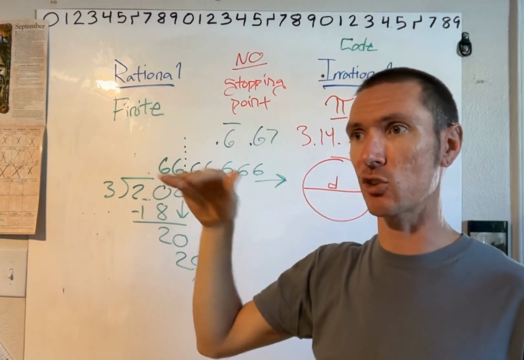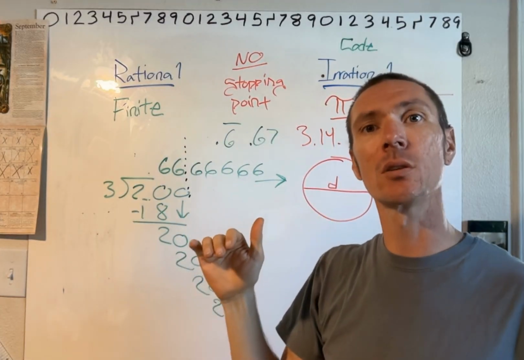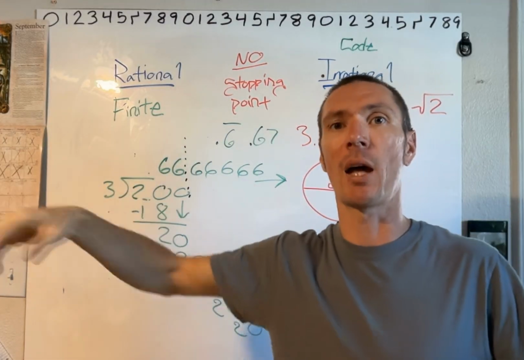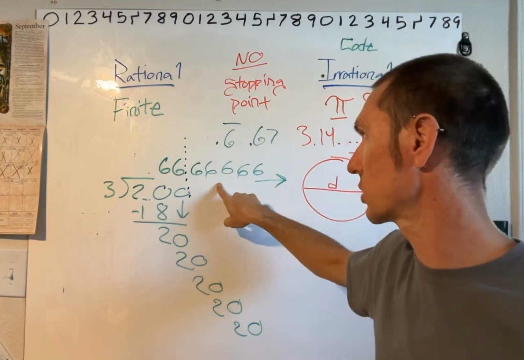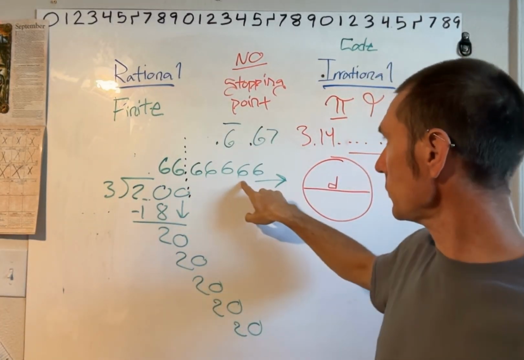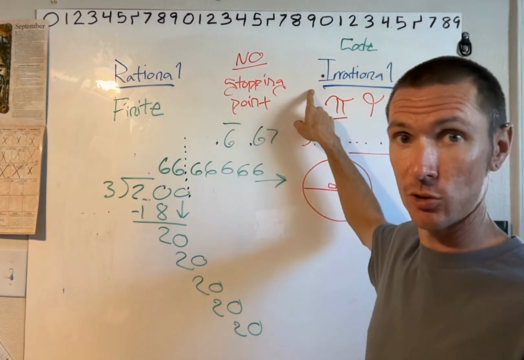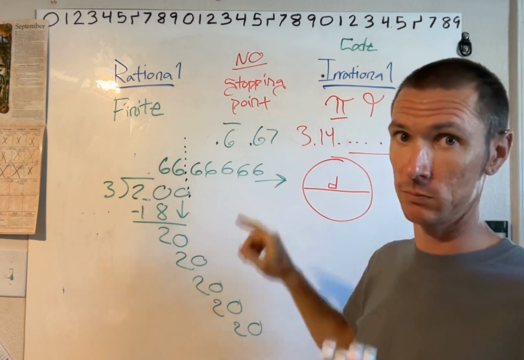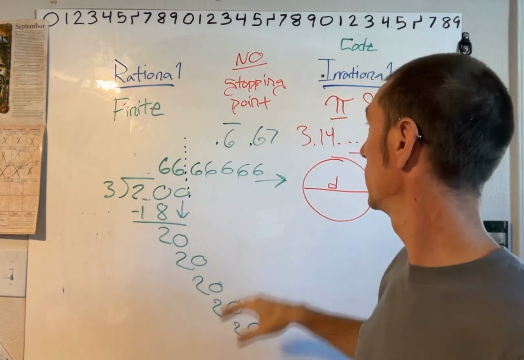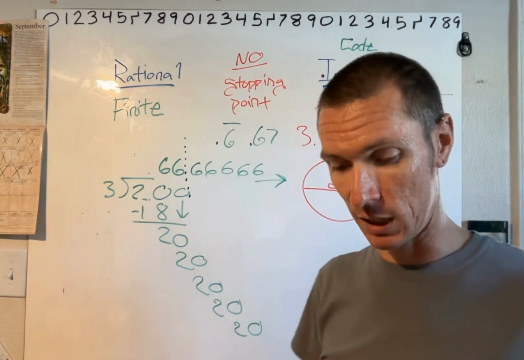You can get other fractions that have other repeating decimals, and they just repeat the same decimal pattern over and over again. This is just the easiest one to break down for people to understand. And so, irrational numbers have no stopping point, and they're non-repeating. There's no distinguishable pattern. And so, they represent infinity.